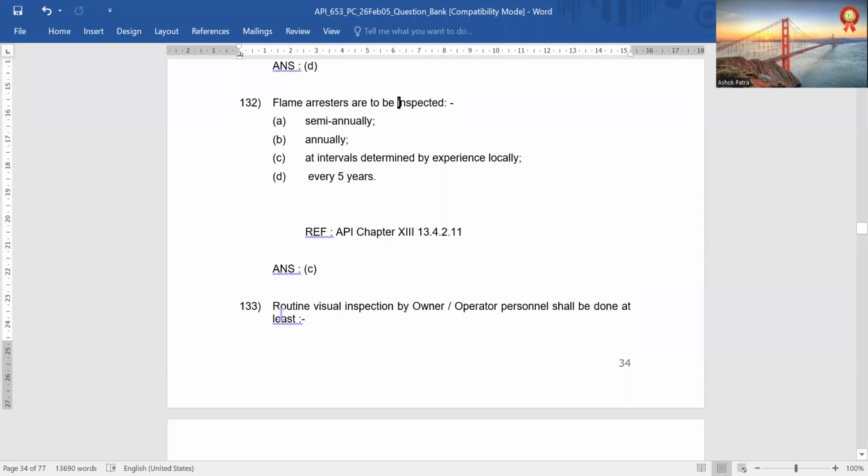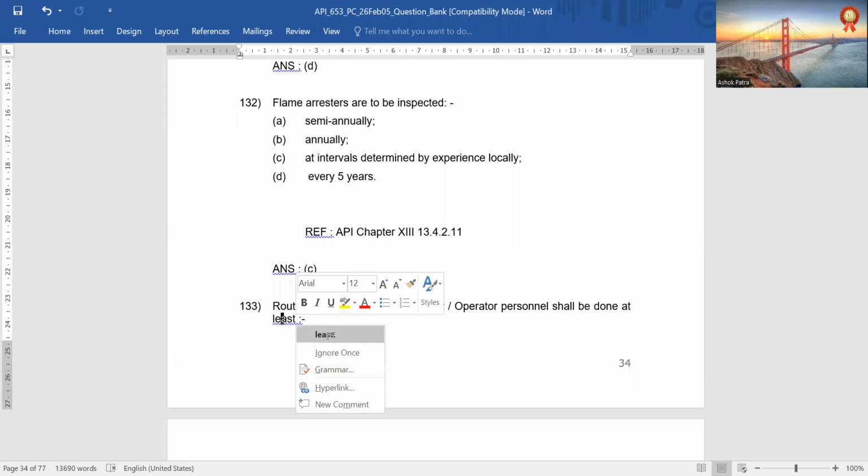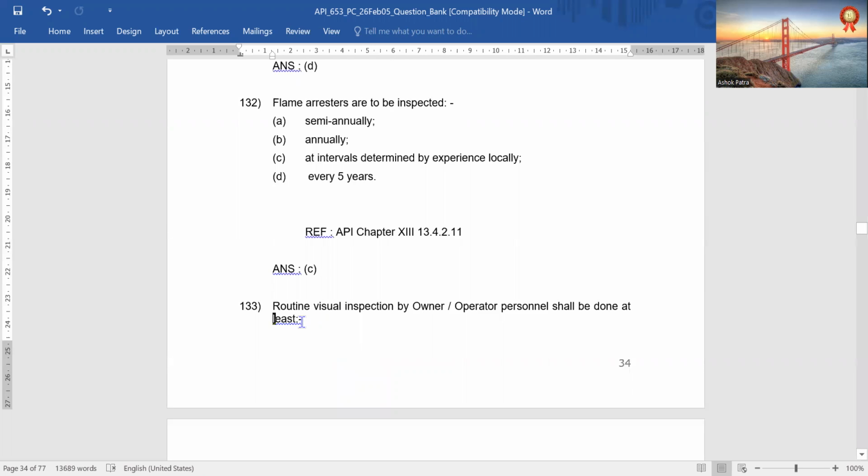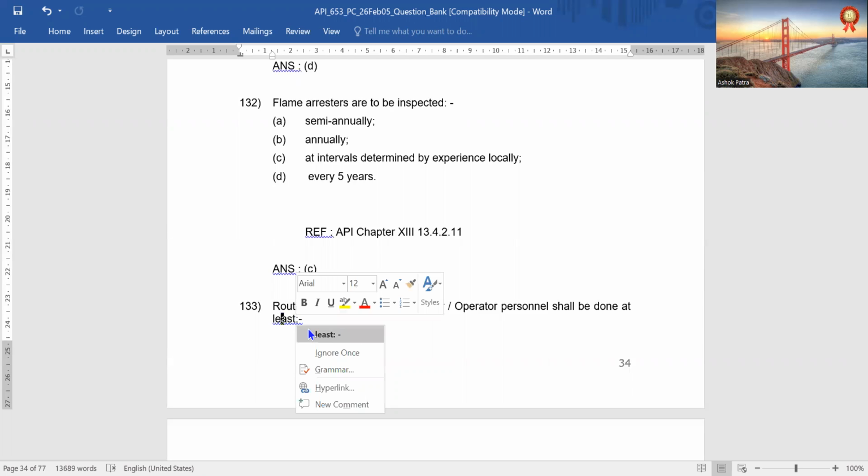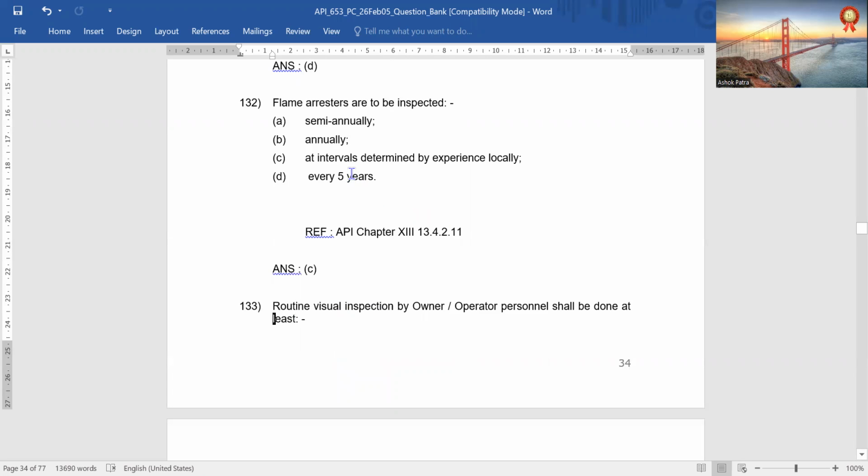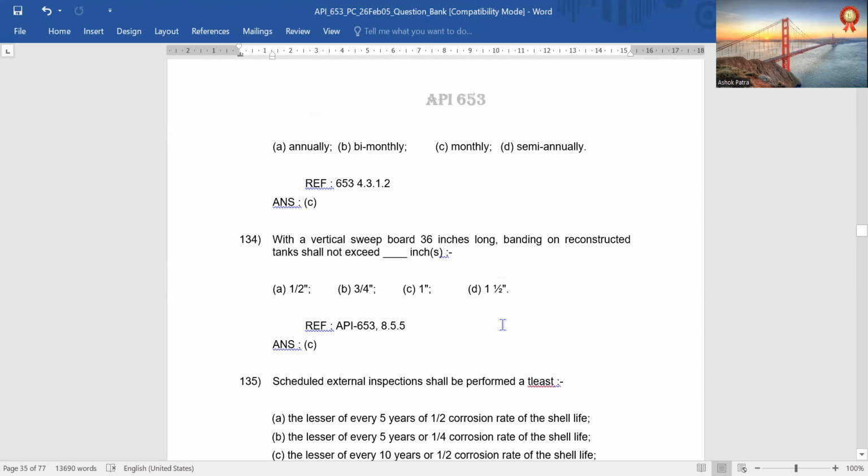Routine visual inspection by owner operator personnel shall be done at least monthly.